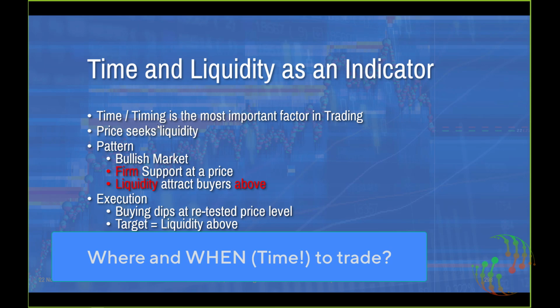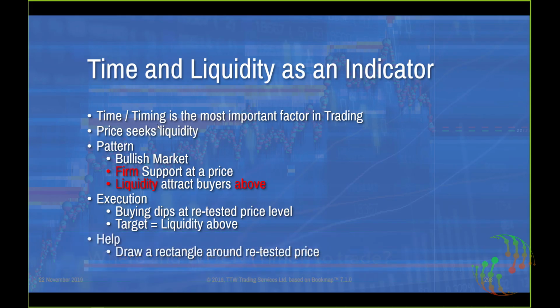We have several opportunities to find the answer to the where question. But the other question is as important as well: when. So both come together when we have a classical in the sweep. So we have a sweep up and then a retest, and then it goes down. Then we can answer where to trade and when to trade.